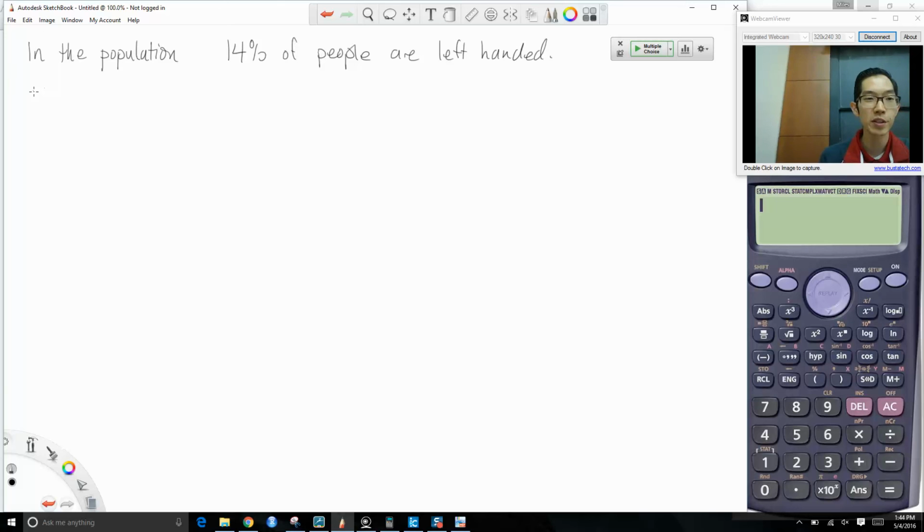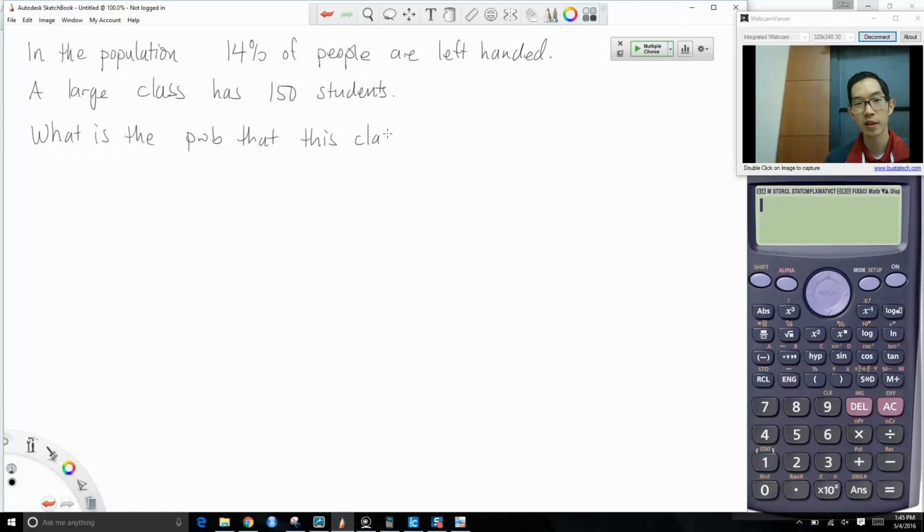Okay, let's say a large class has 150 students. So, assuming the normal distribution holds, what is the probability that this class has less than 12% left-handed students?